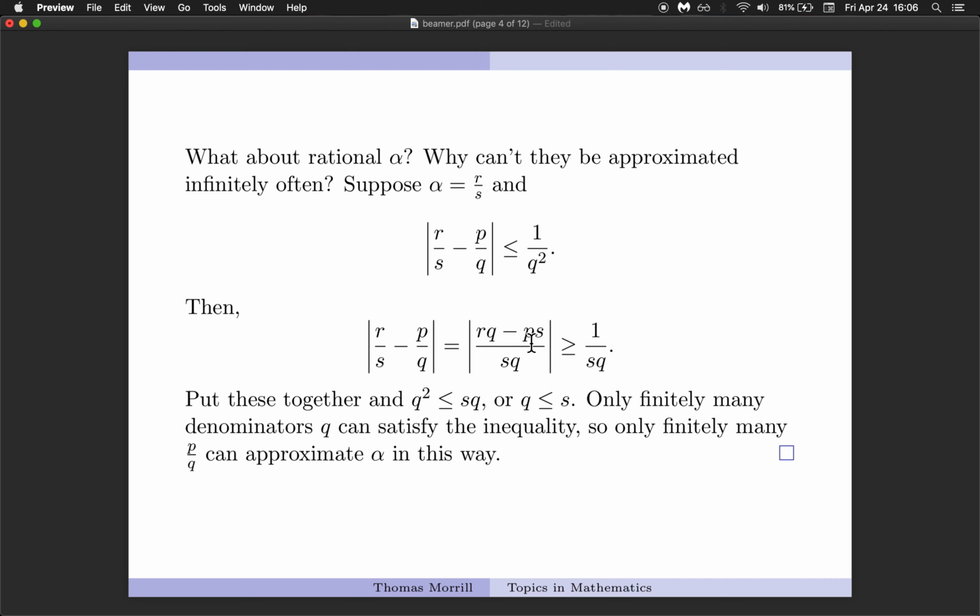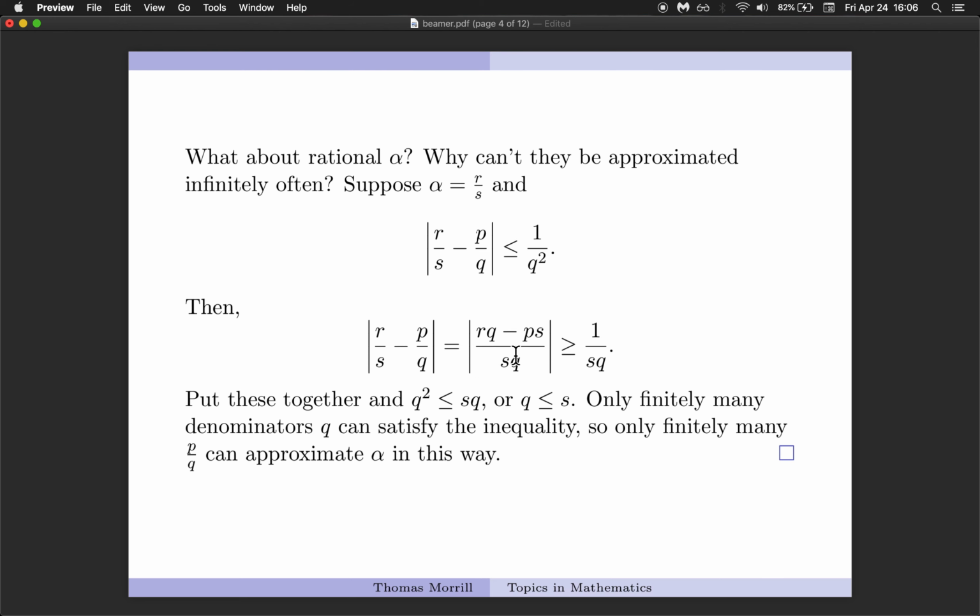When I combine my denominators, my difference looks like r times q, take p times s, divide by sq. I'm going to say that this numerator is not 0. The only way I could get exactly 0 here is if both of these fractions were the same number, and that's too boring for approximation.